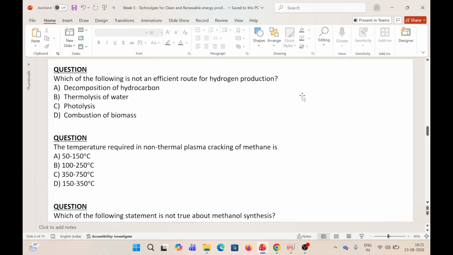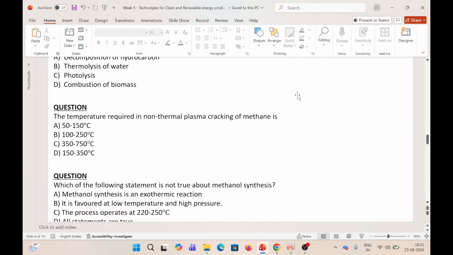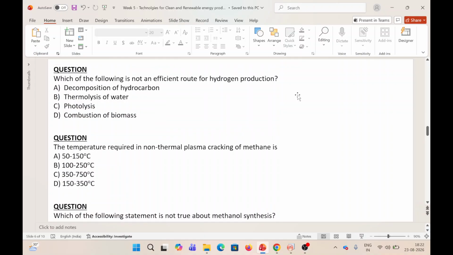Which of the following is not an efficient way for hydrogen production? Decomposition of hydrocarbon, thermolysis of water, photolysis, and combustion of biomass.